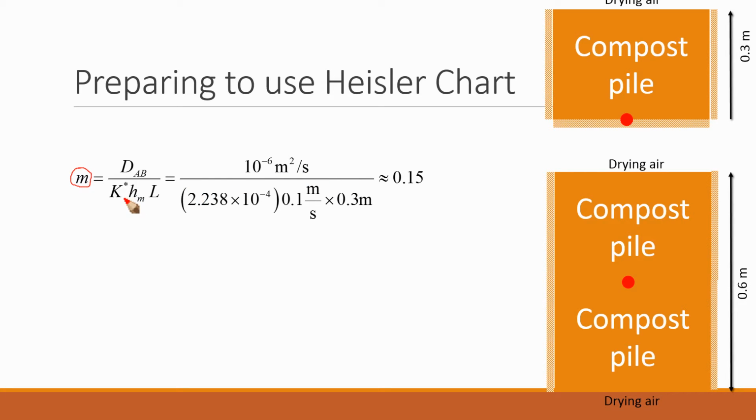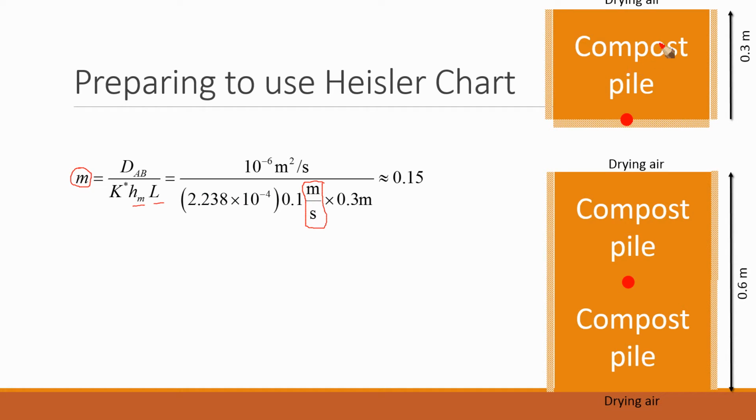Then we have K star that is given, and then HM is the mass transfer coefficient. You note that the unit for mass transfer coefficient is quite different from unit of heat transfer coefficient, although it is quite analogous.